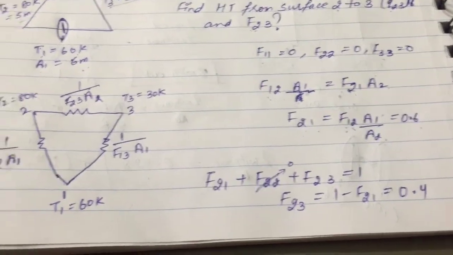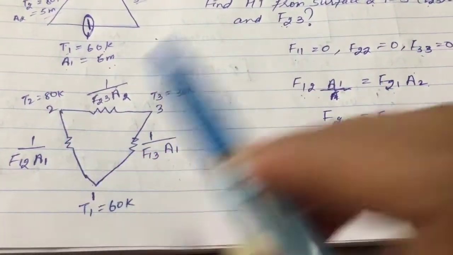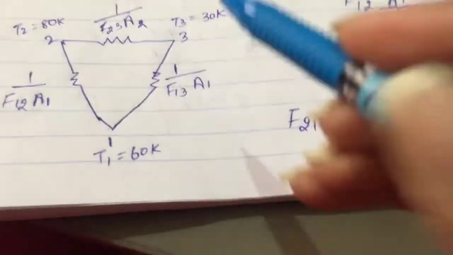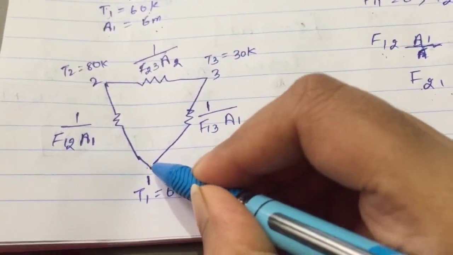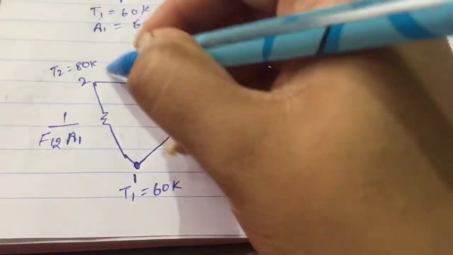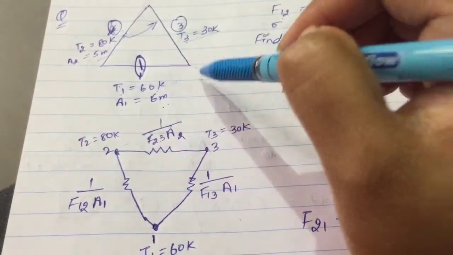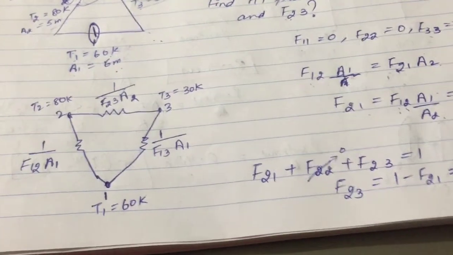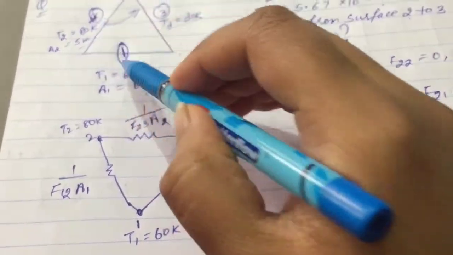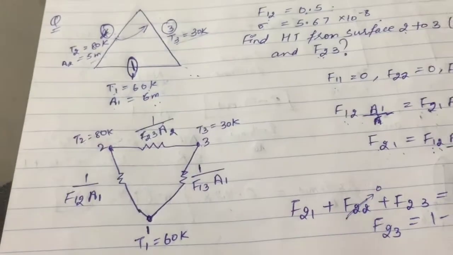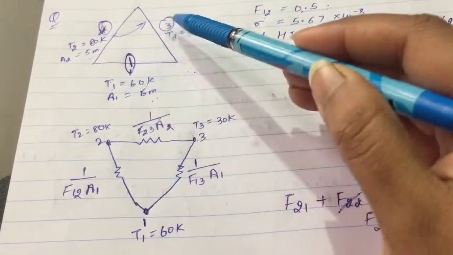So we have also drawn a resistor network diagram. I will zoom in on it a bit. Our three surfaces: this is surface 1, surface 2 and surface 3. As we can see from the diagram, between them there is space resistance. From surface 1 to surface 2 there is some space resistance, from surface 2 to 3 there is some space resistance, and from 1 to 3 as well.